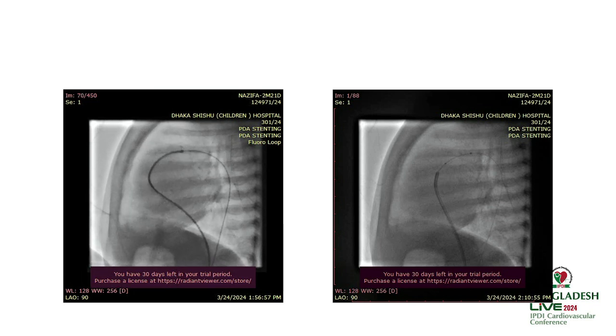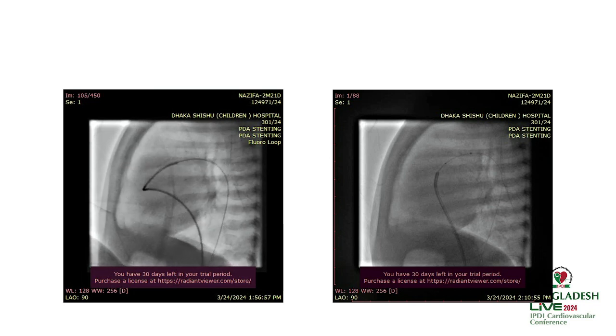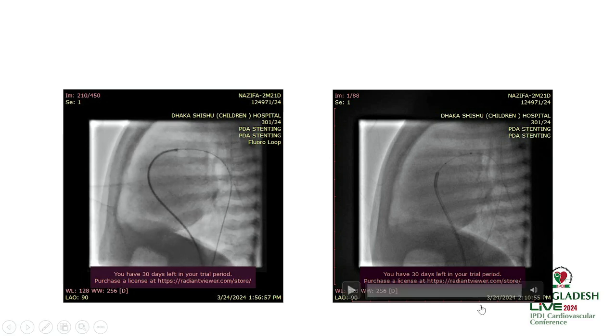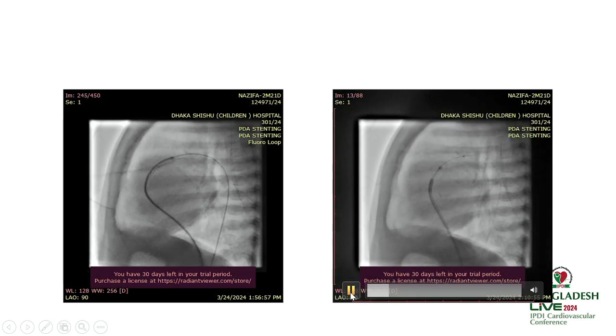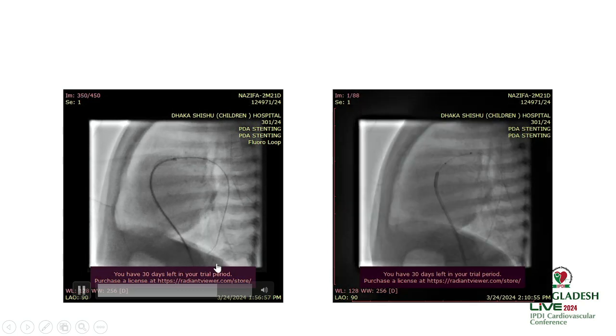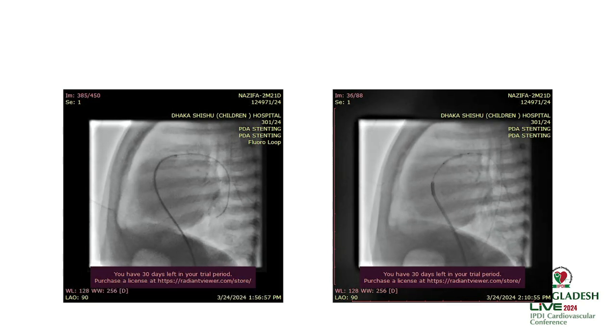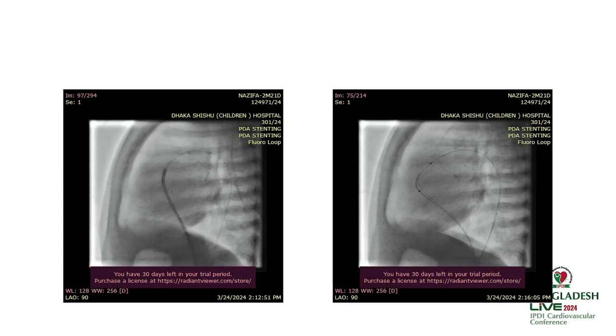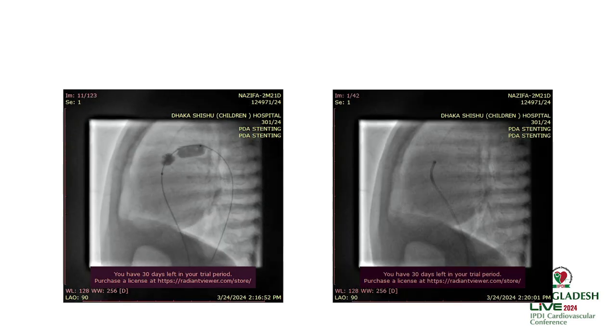We faced difficulty during catheter manipulation through the pulmonary valve. So initially, balloon dilatation was done with a coronary balloon, and later on a larger balloon was negotiated and balloon dilatation was done successfully.